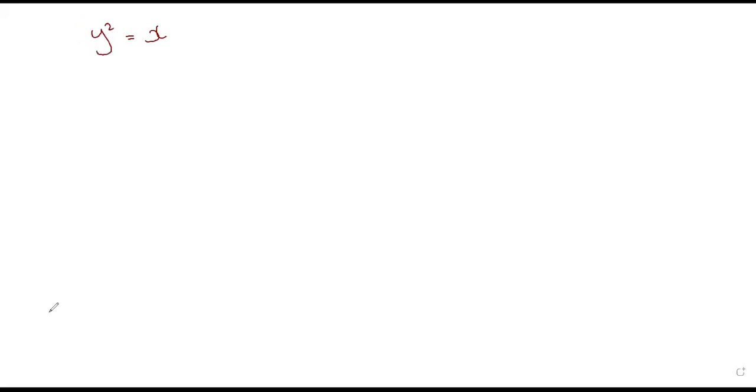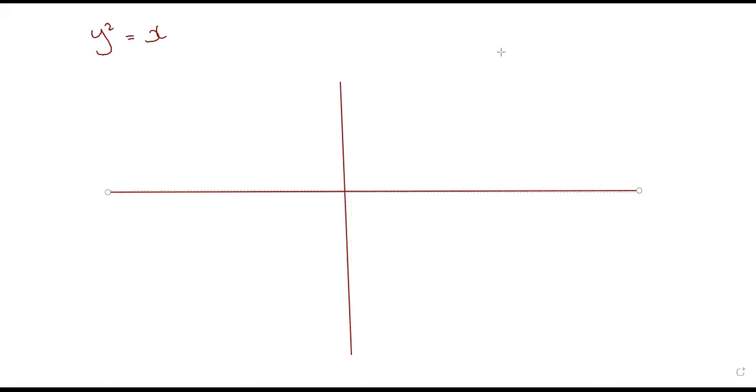You will understand why. y square equals x. And I will plot its graph without explaining because that is not needed. The graph of this function would be of this type. It would be a C, right? This is my x and this is y.